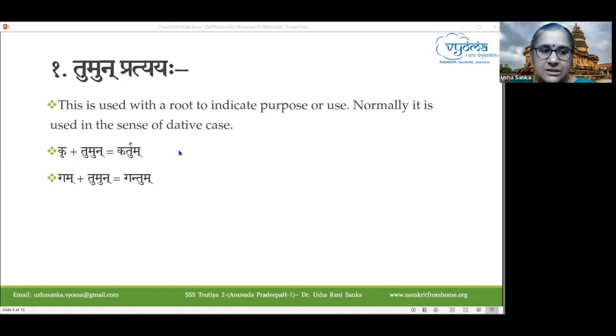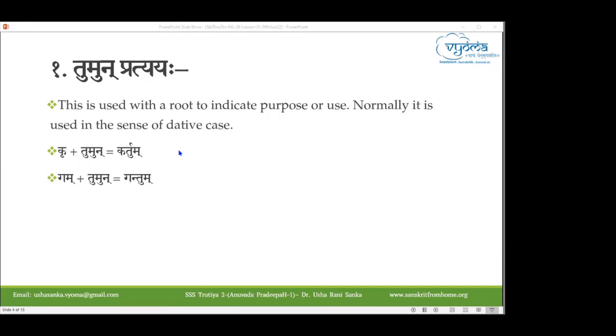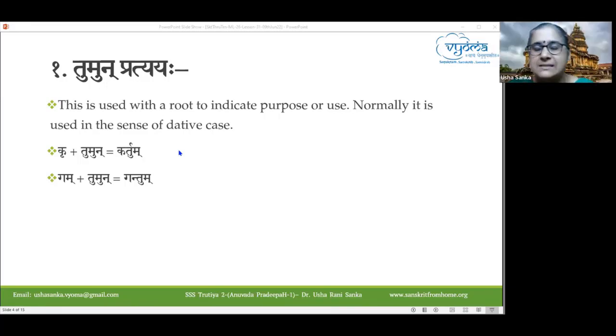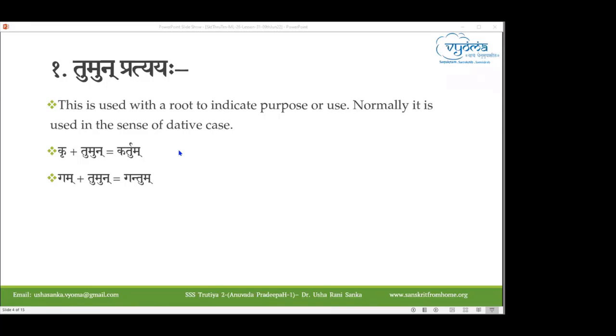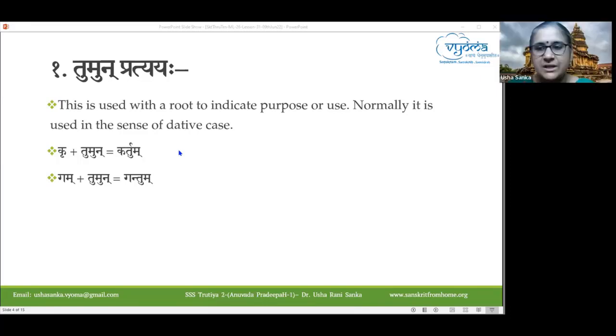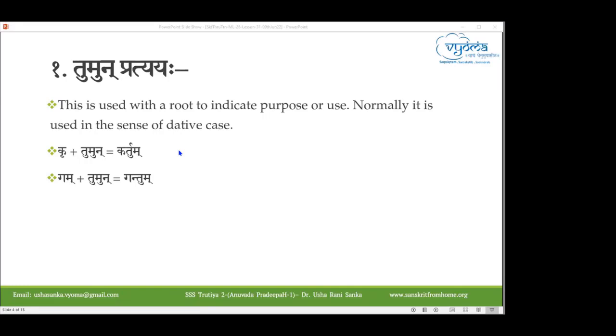No, takara did not change. Tavargasya anunasika, varga panchamaksharam astu. Kasmin sthane, in which place? Makarasya sthane. Okay, that's okay.